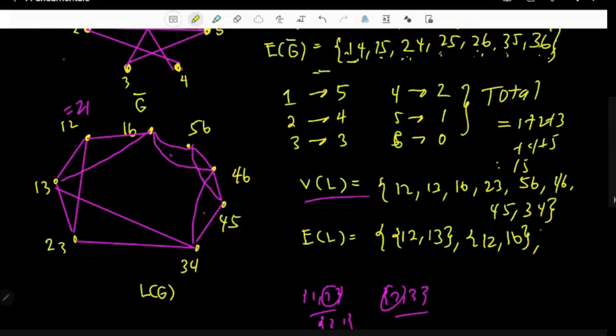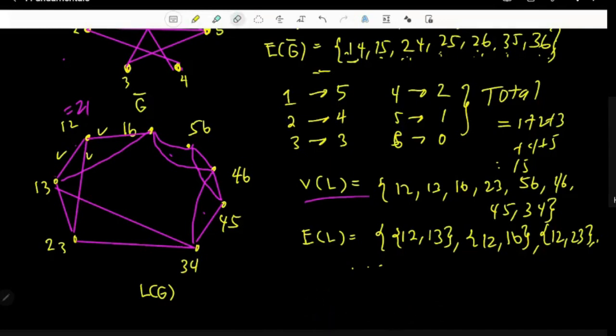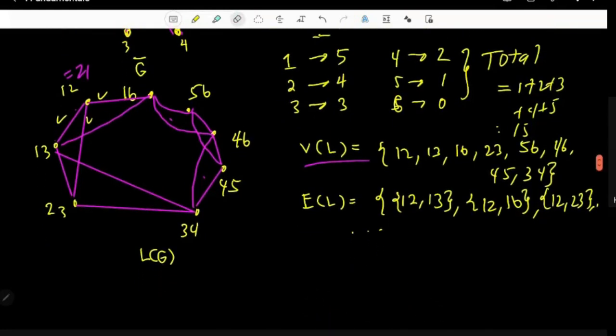So, ano pa mga connected sa 1, 2? 2, 3. So, 1, 2, 2, 3. Yun lang, yung tatlo na yun. And then you just write all of them. Okay. So, I'll leave the rest to you as an exercise. Okay. Tuloy natin.